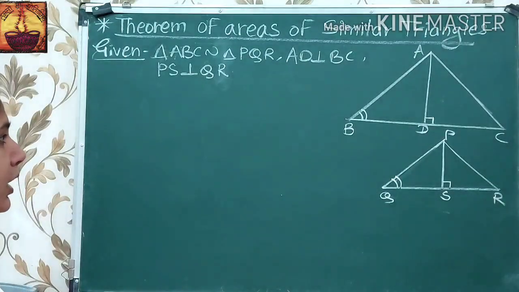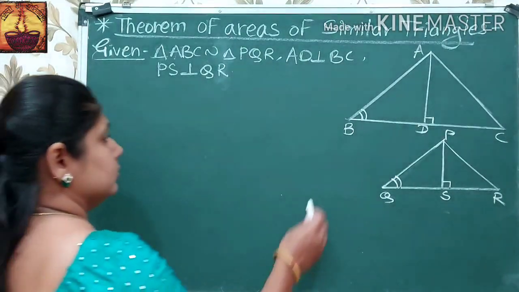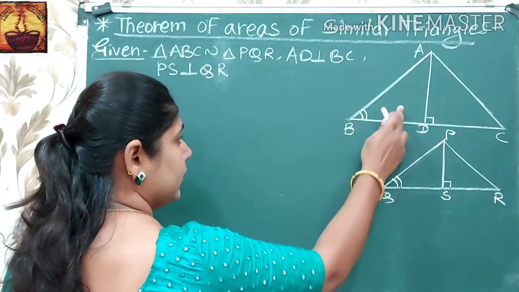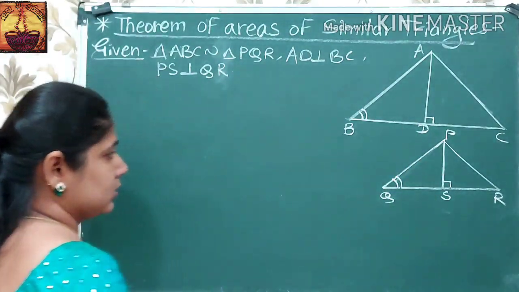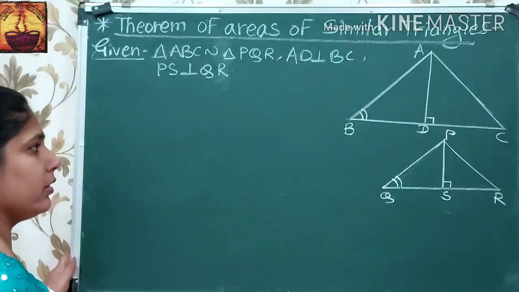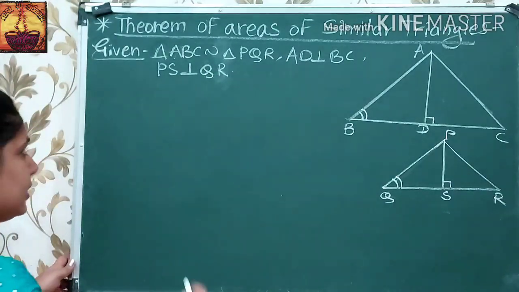We have to prove that the ratio of areas of these two triangles is equal to the ratio of squares of their corresponding sides.